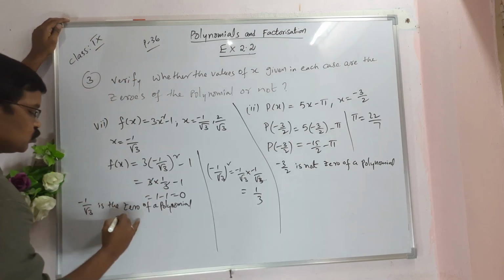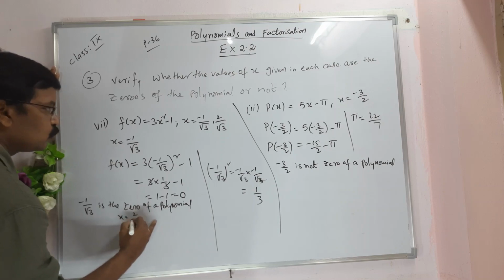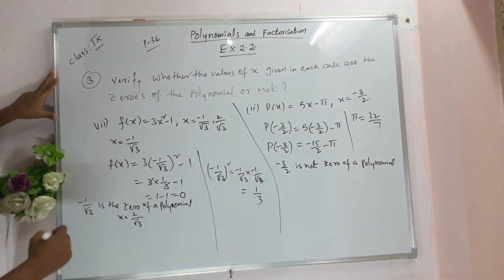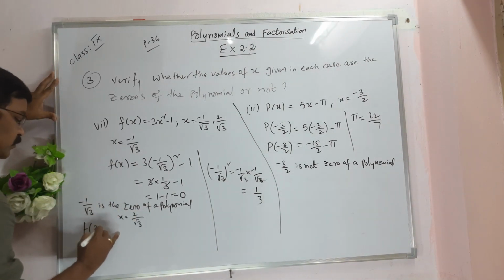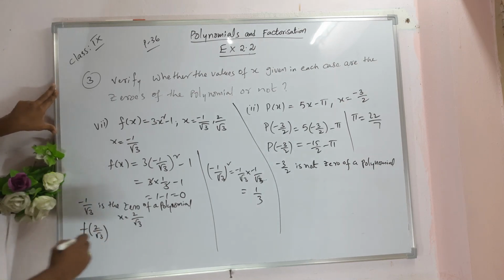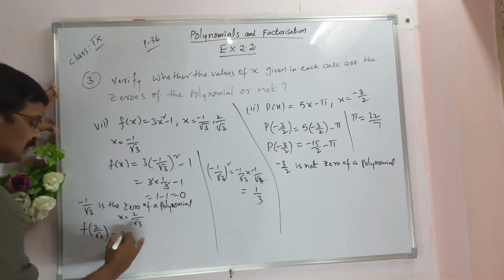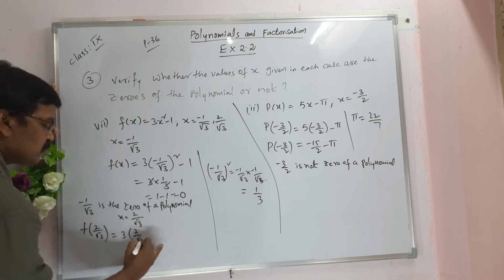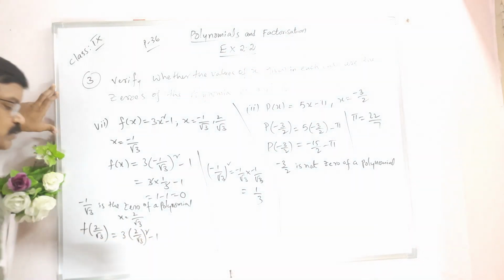Coming to x is equal to 2 by root 3 now. Substitute in f of 2 by root 3, that is at x is equal to 2 by root 3: 3 times 2 by root 3 whole square minus 1.